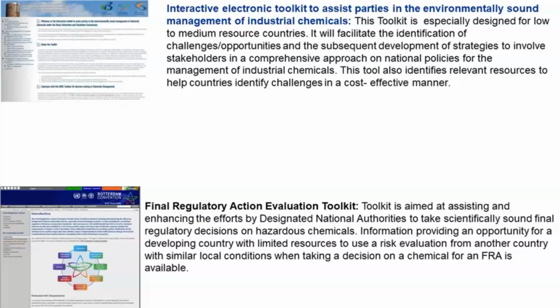What this toolkit does is give accurate and consolidated information to assist countries in their obligations, not only under the Rotterdam Convention, but also the Basel and Stockholm Conventions, because it goes into a little bit of detail on the obligations of those other conventions and what the parties should do. It also gives a step-by-step tailored modular approach as to how industrial chemicals can be best managed in a country, and it identifies best practices to implement a system of management.